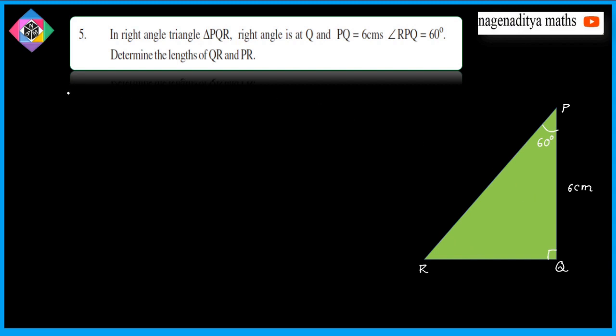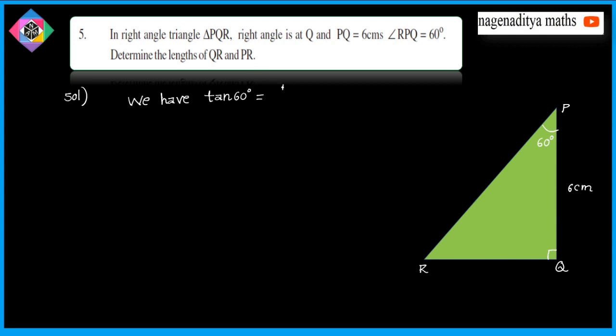So solution, we have tan 60 degrees is equal to opposite side by adjacent side.